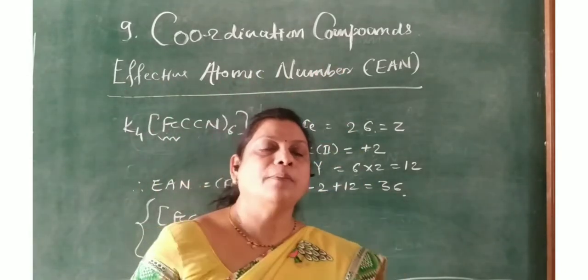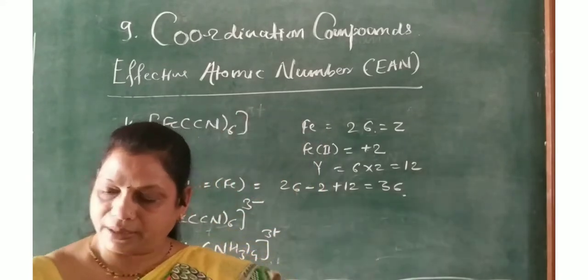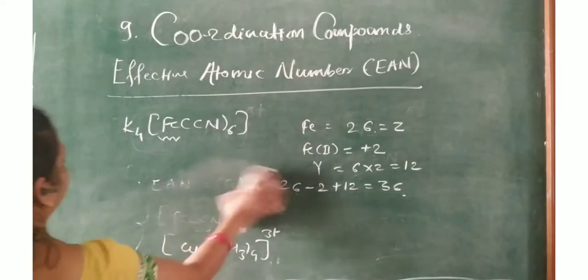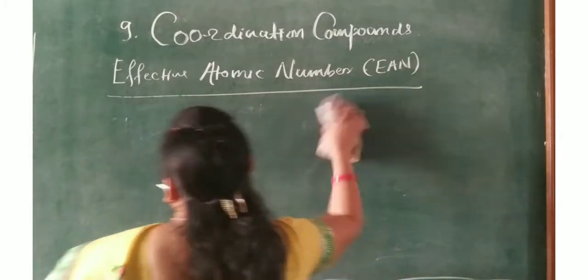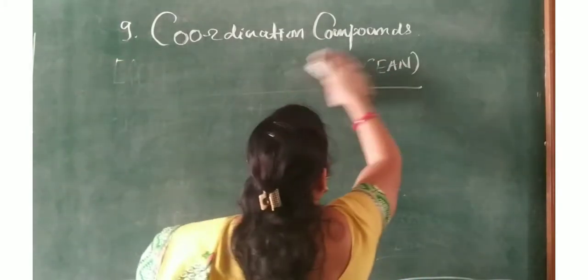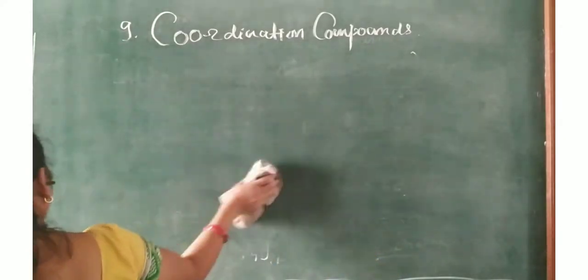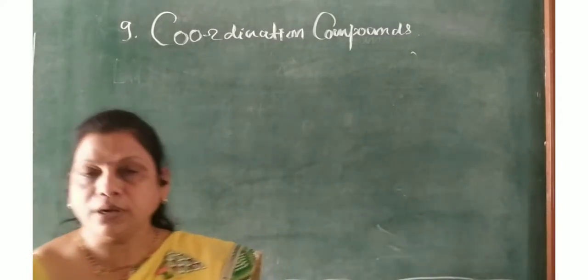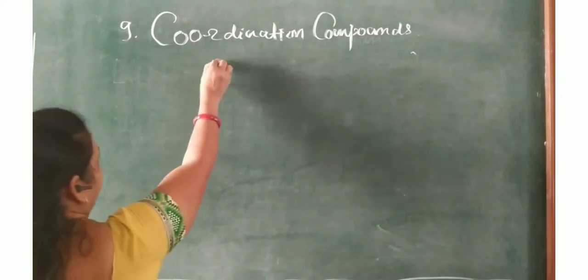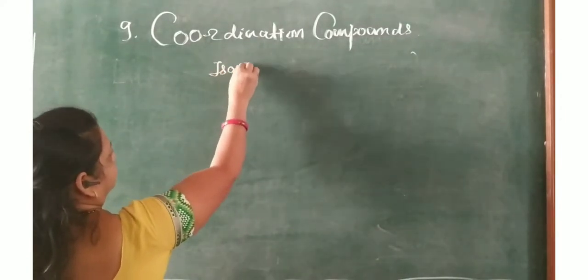This is all about the effective atomic number. After that, we are going to start isomers, a very interesting concept of coordination chemistry, that is isomerism.